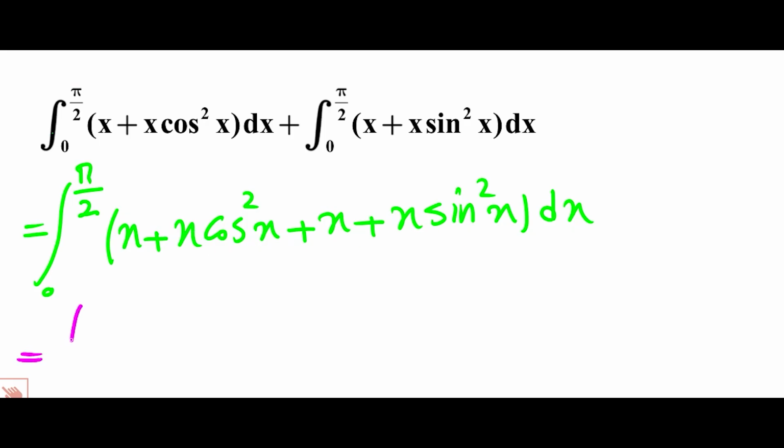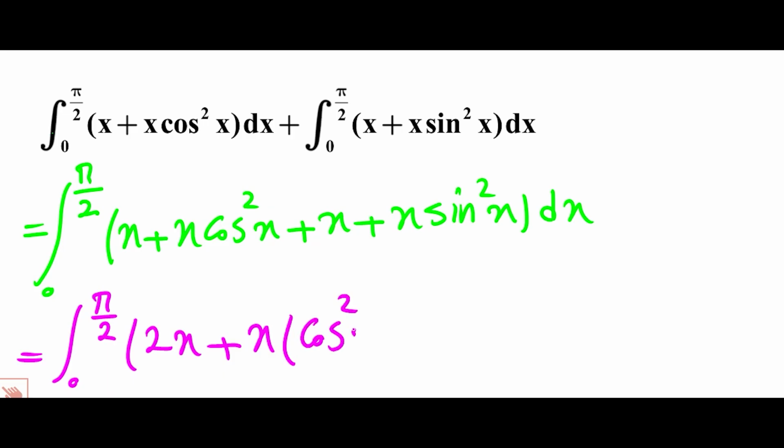We have the integral from 0 to pi over 2. x plus x is 2x, plus x cosine squared x plus x sine squared x, meaning x times cosine squared x plus sine squared x dx.